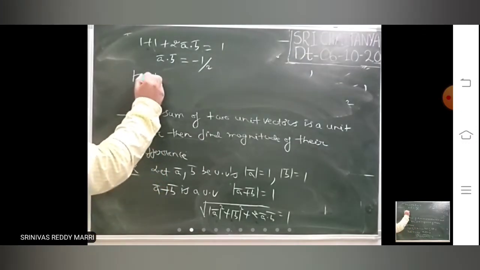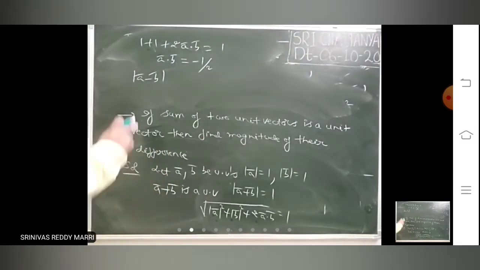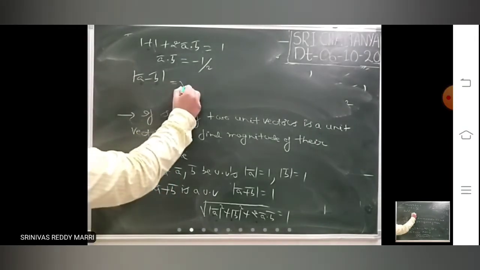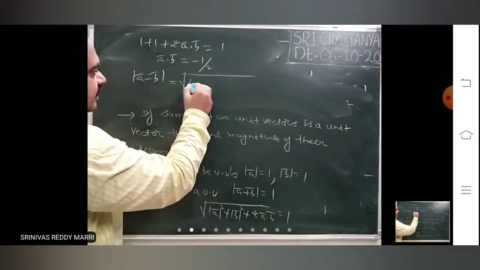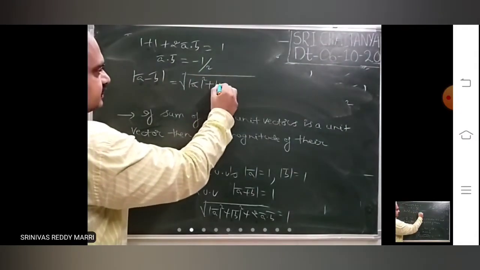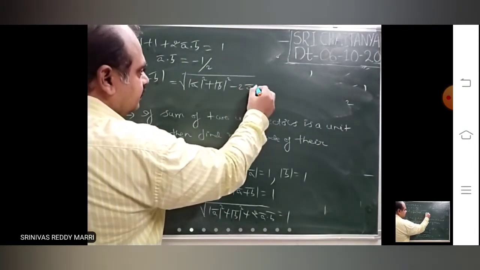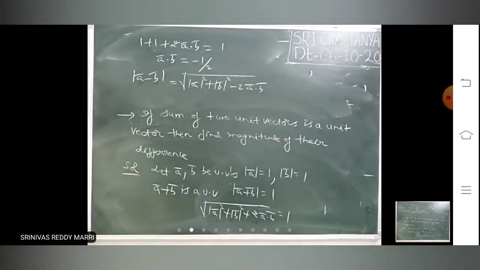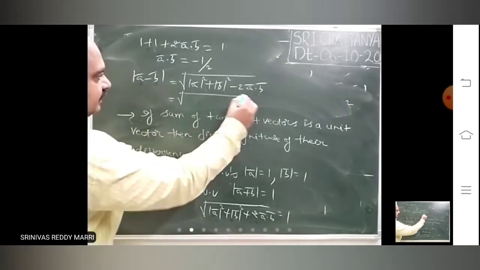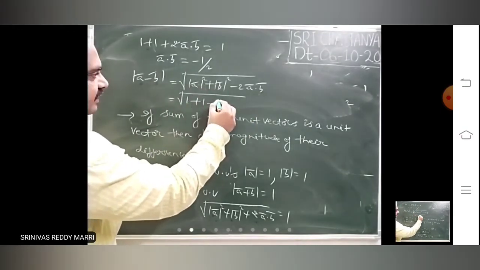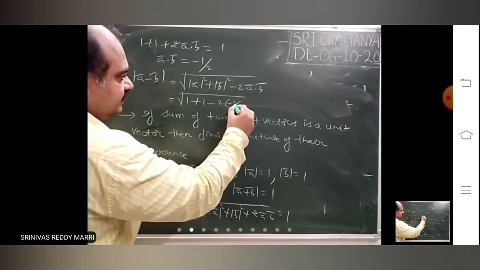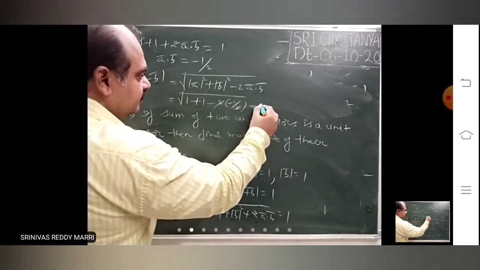What is he asking to calculate? The magnitude of their difference. The difference vector is A bar minus B bar, and we need the magnitude of that. The formula is modulus A bar square plus modulus B bar square minus 2 A dot B. So this is 1, this is 1, minus 2 into minus 1 by 2.